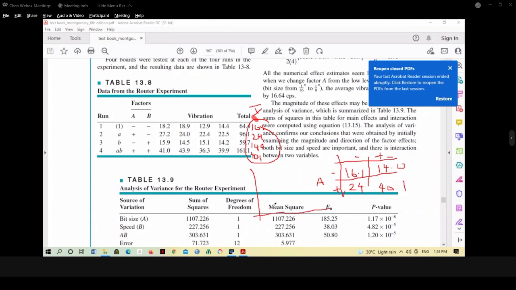Something like that. Yeah, I think this is the one from the notes. They don't show you how, but this is the one where I show you how to construct the A-B interaction plot.